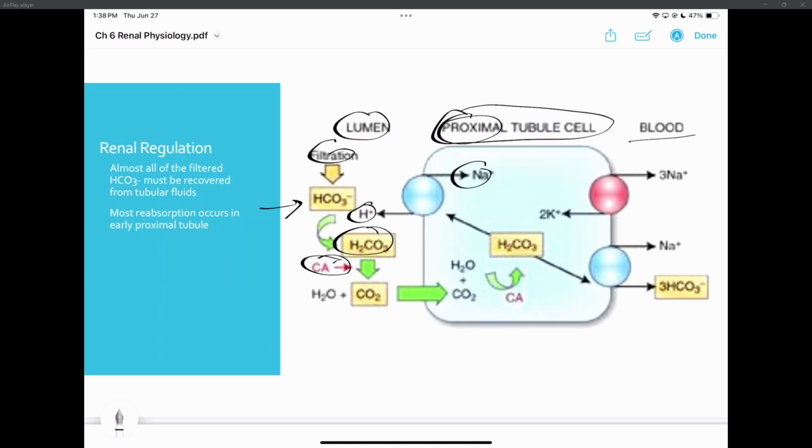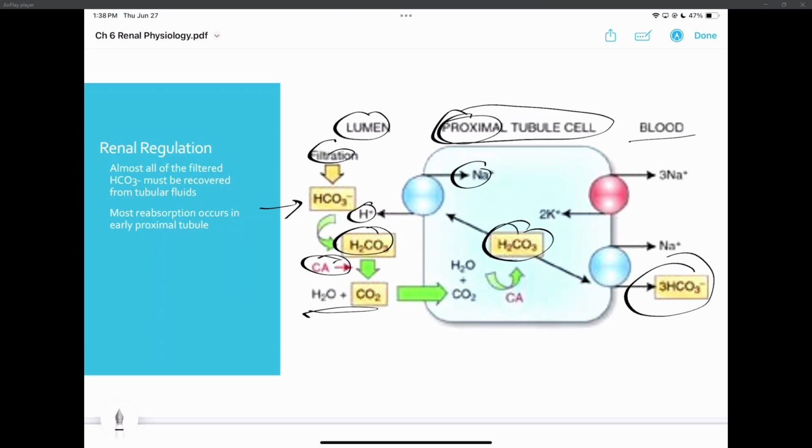So obviously with that mechanism, we get bicarb, and water and CO2. CO2 goes into the proximal tubule cell. Same reaction occurs. But if you notice, 3 bicarbs are generated going into the blood.